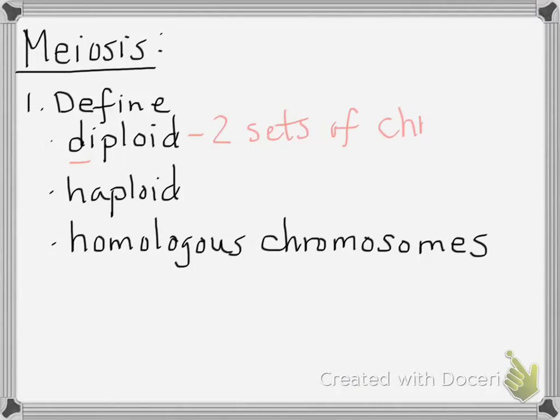Does anybody know the diploid number for humans? 46. What's the shorthand notation for diploid? 2N. Very good. I'm going to put that right there. 2N. Okay, what's haploid? 1 set. Very good. And shorthand notation? N. Good job.